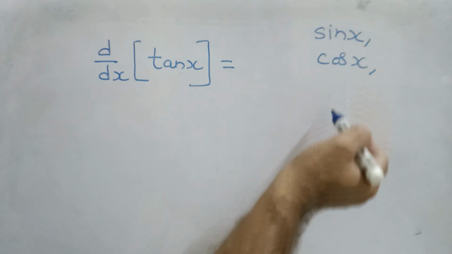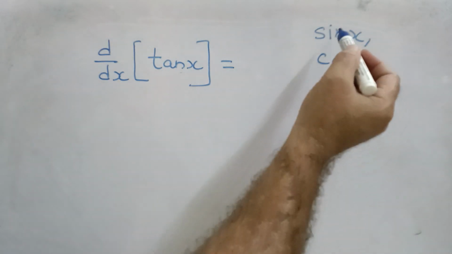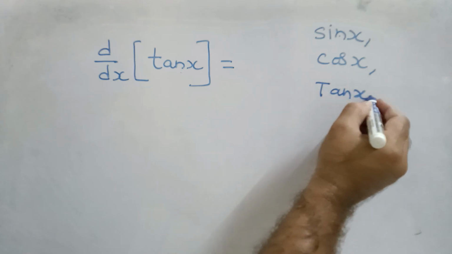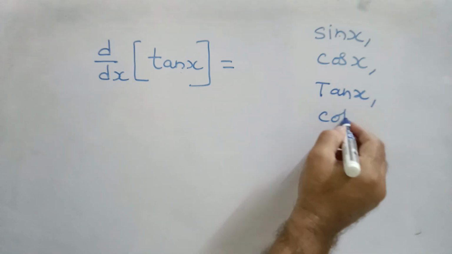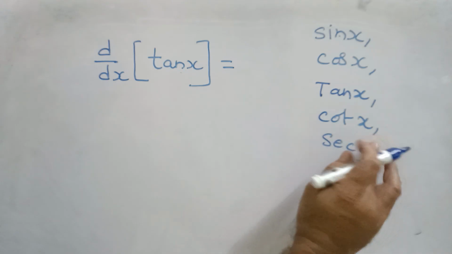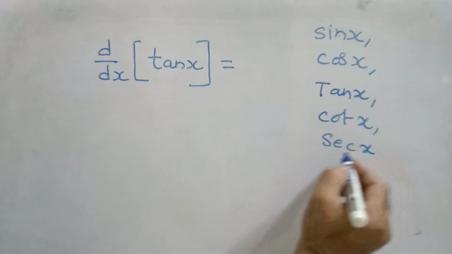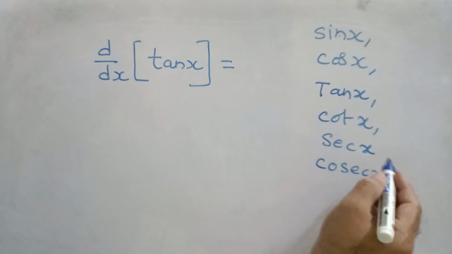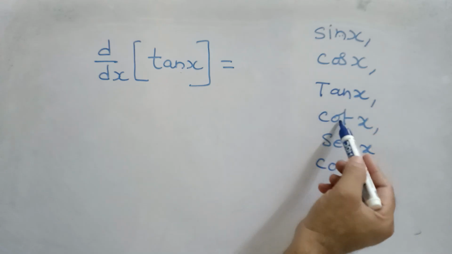So there are certain trigonometric functions: sin x, cos x, and after that the third one is tan x, and then cot x, and then secant x, and the last one is cosecant x. How many are there? 1, 2, 3, 4, 5, 6.